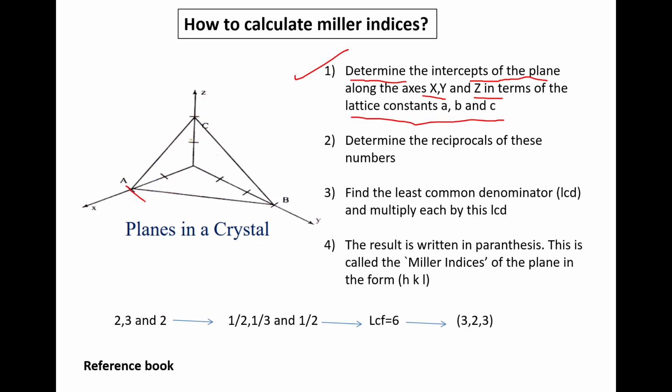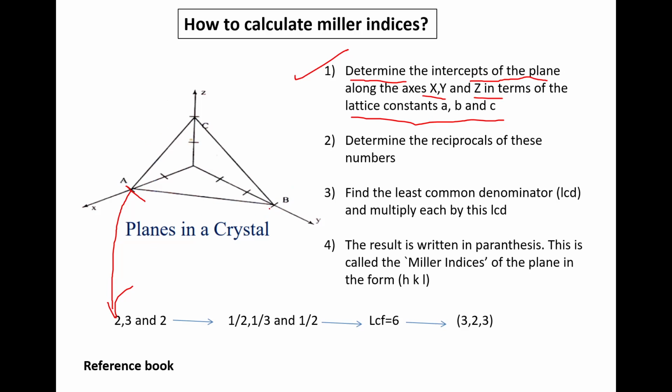If you find this is a, so a means x, right? That is 2, meaning 2 units. After 2 units from 0, the plane is cutting the x axis. So that's why the intercept here is 2. Now the plane in the y axis is cutting at 3, right?